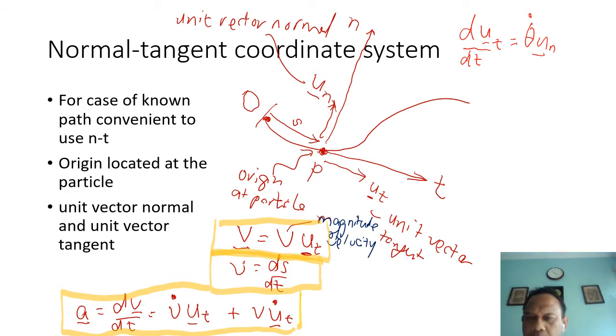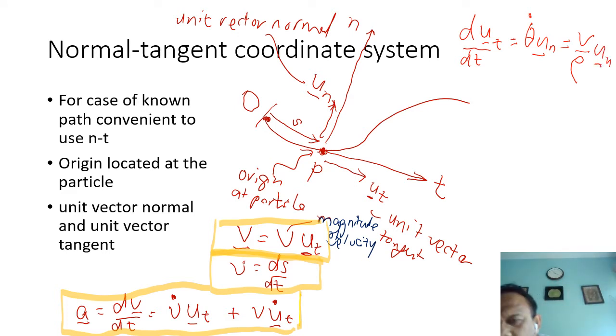Theta dot is the angular velocity as it goes around the curve, and that can be represented as v, the magnitude of the velocity, divided by rho, and the direction is in the normal direction un.